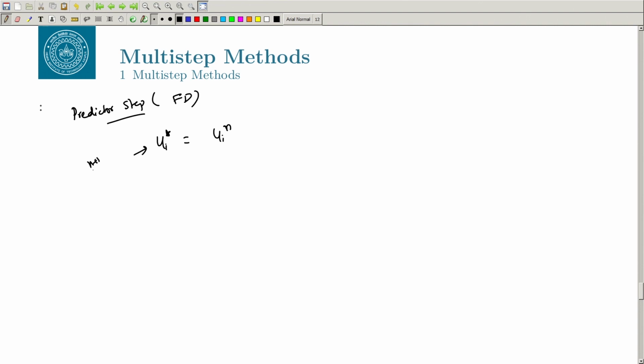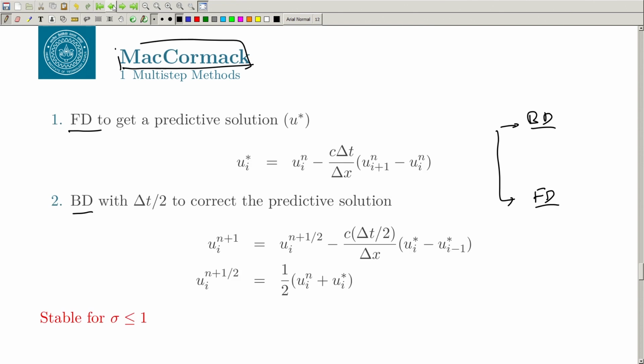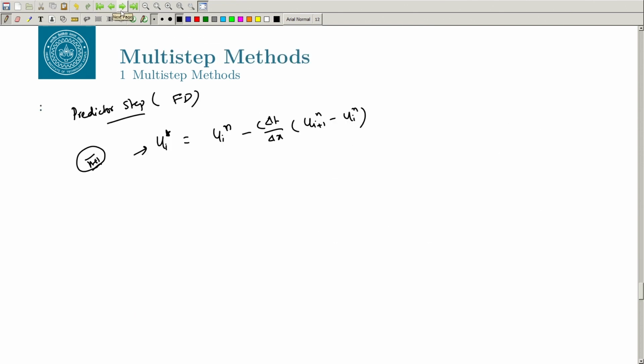I am calling it n plus 1 bar, because this is a predictor. So, u_i star equals u_i n minus delta t by delta x times c, and you are using the forward step first. So, this is u_{i+1}^n minus u_i^n. So, this is your predictor step, and then you go to the corrector step.